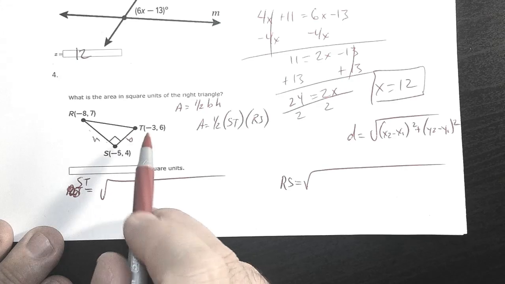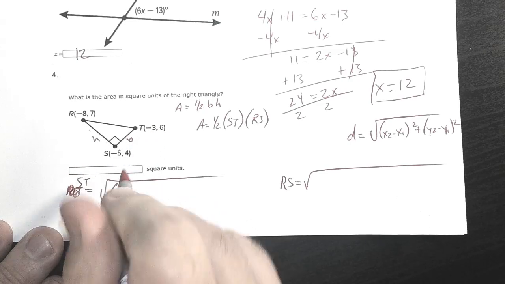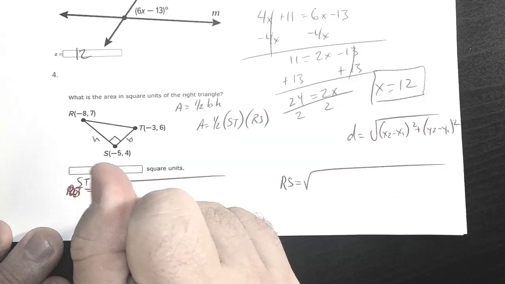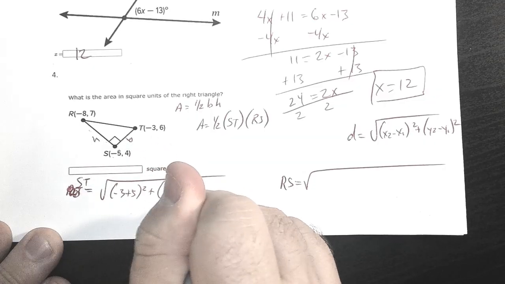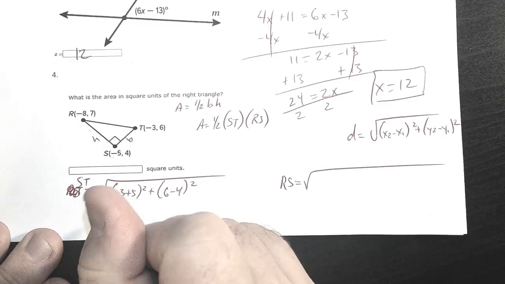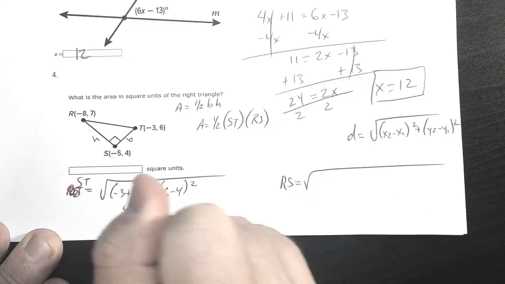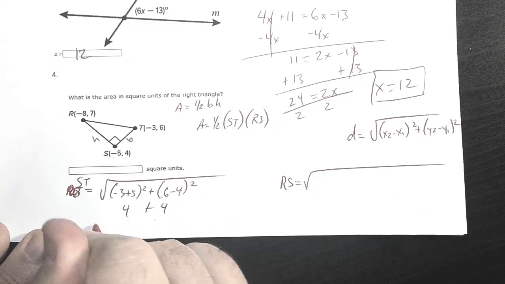All right, so ST. So our x's are -3 minus -5, so that's +5. And then we got 6 minus 4 on the other side. -3 and +5, that makes -2. -2 squared is 4. 6 minus 4 is 2. 2 squared is also 4.